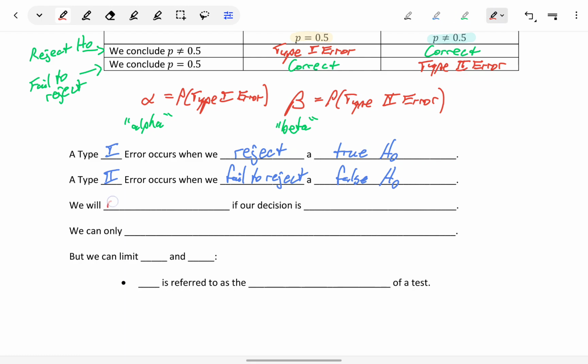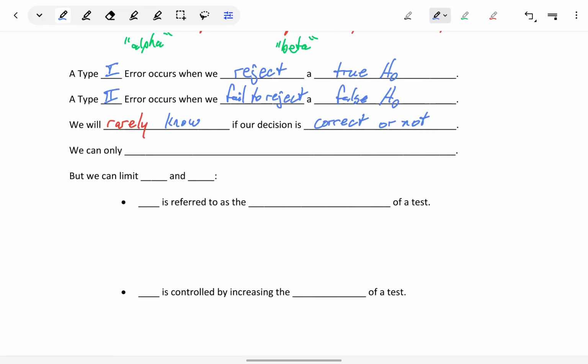What's important to keep in mind is that we will very, very rarely know if our ultimate decision on rejecting or failing to reject the null hypothesis is correct or not. Because that would mean that we actually know the true population value. If we know that, then there's no need to go through this process of conducting a hypothesis test.